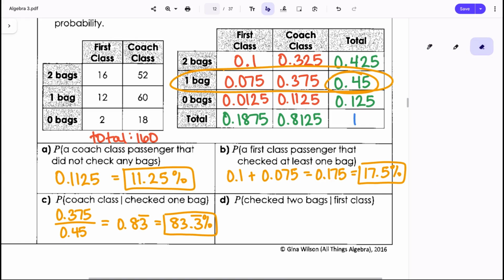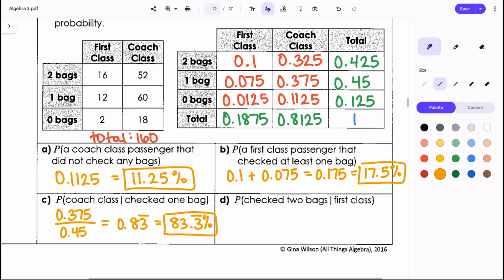Okay, last one, guys. Checked 2 bags given that they were in first class. So what's my total decimal for first class? First class total. Yep. You've got to say it louder so I can hear you.